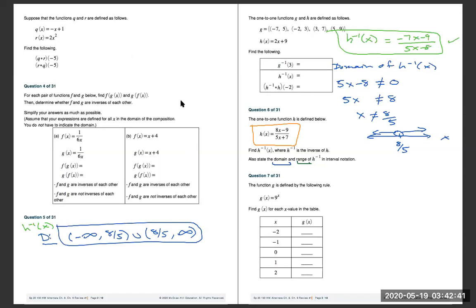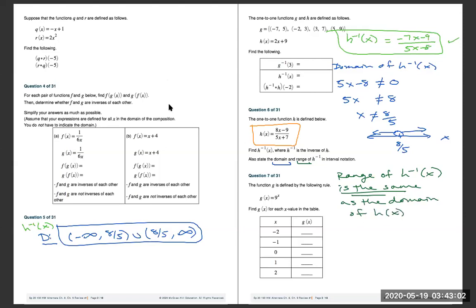For the range, this is where it gets a little weird. Remember, the range of h inverse of x is the same as the domain of h of x.